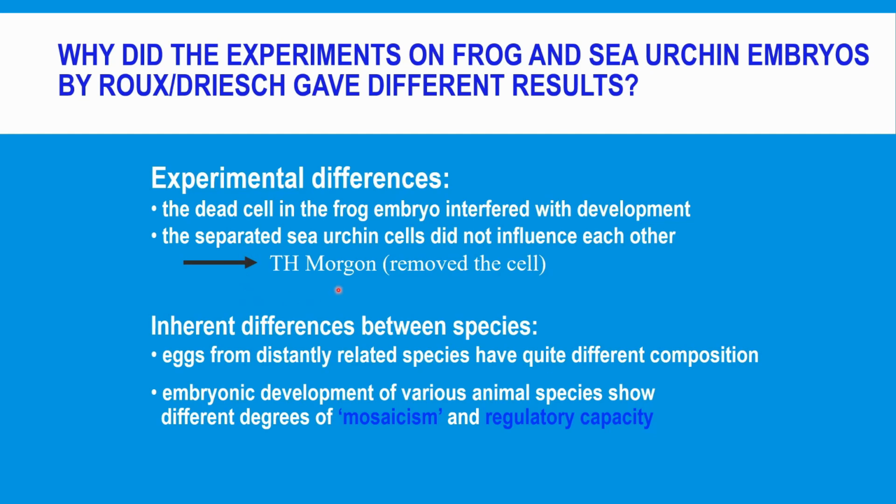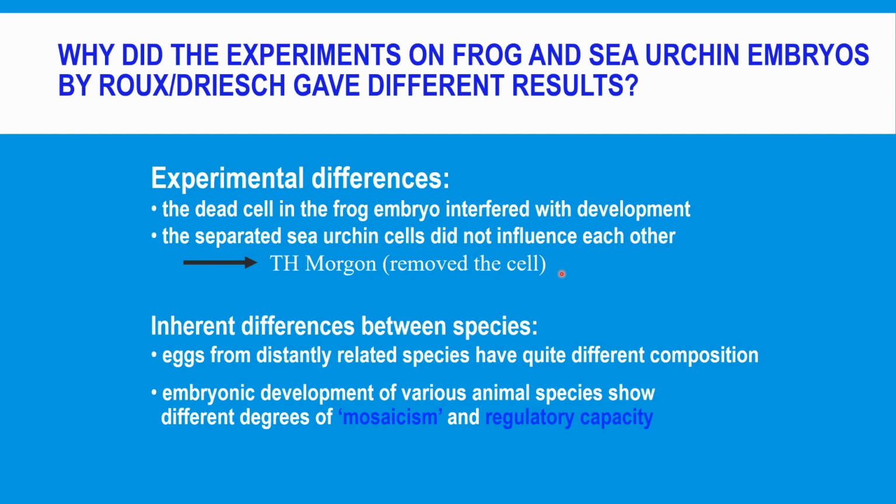along came a third scientist, Thomas Hunt Morgan, who was awarded the Nobel Prize, but not for this study, but for another study. He redid the frog embryo experiment, but this time not just killed the cell, he removed the cell, and he saw that the result was the same.